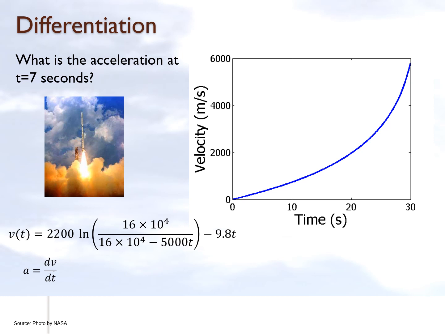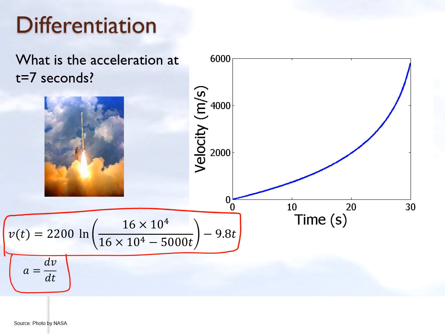The next process for which we're going to develop numerical methods is called differentiation. You've taken a whole course on differential calculus as a prerequisite to this course. If somebody gave you the expression for velocity and asked you to find the acceleration, you would simply use your differential calculus knowledge to take the derivative of this velocity term and substitute t equal to 7 to get the value of the acceleration at 7 seconds.